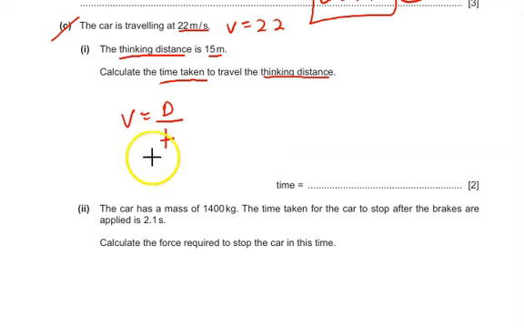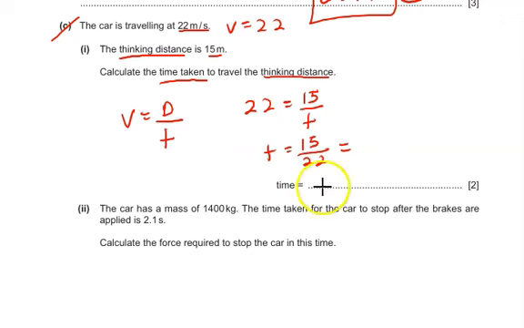Using this formula, we have 22 equals 15 over the time. So we flip the time and 22, and we have 15 over 22, which will give you 0.68 seconds. This is your answer.